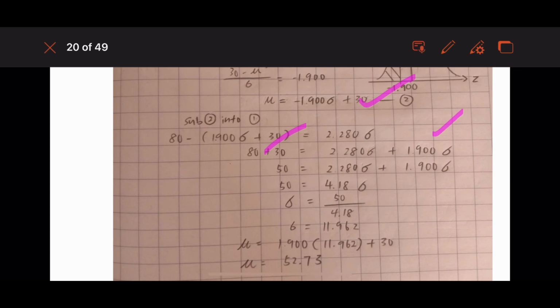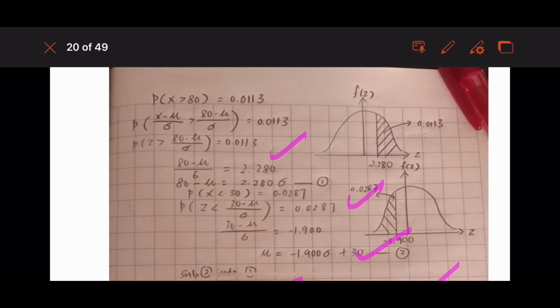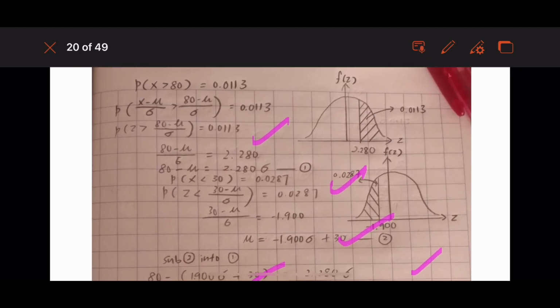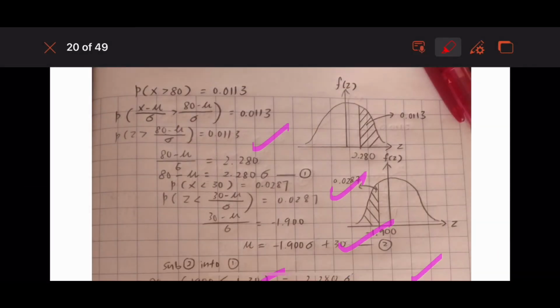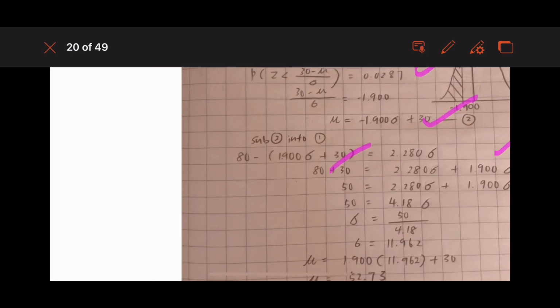Next, the question says probability X smaller than 30 equals 0.0287. And I can see from the normal distribution graph, the shaded region is shaded to the left. So I put 0.0287 into the calculator.